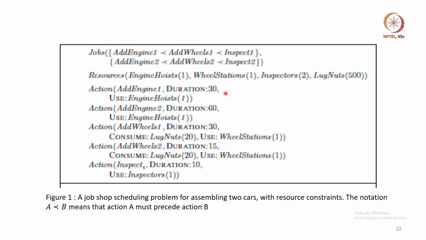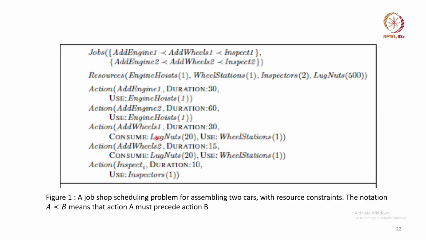So these are all the resources that you need to carry out this job. And then you have the actions that you can take. So the actions have a duration. So add engine 1 has a duration of 30 units, right? And the resource that it uses could be a consumable, or it could be reusable.